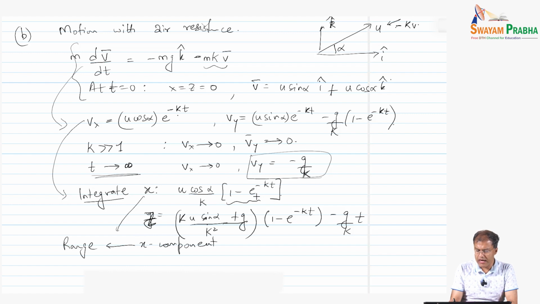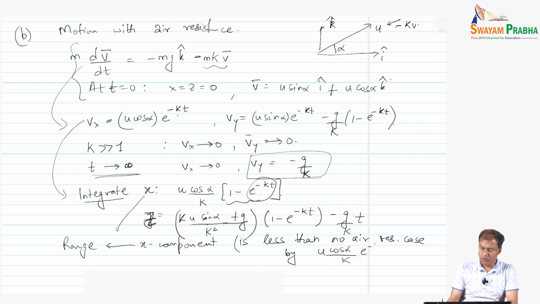So this quantity e to the power minus kt was not present earlier, that is, in the case without air resistance. We see that in this case the total range is less than the no air resistance case by an amount u cos alpha by k times e to the power minus kt.